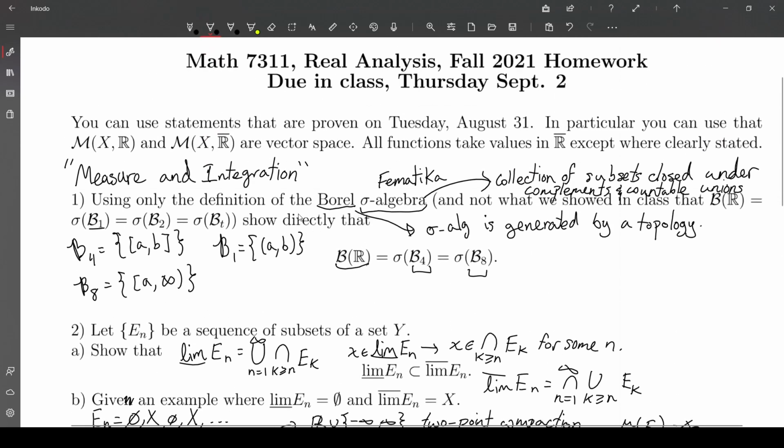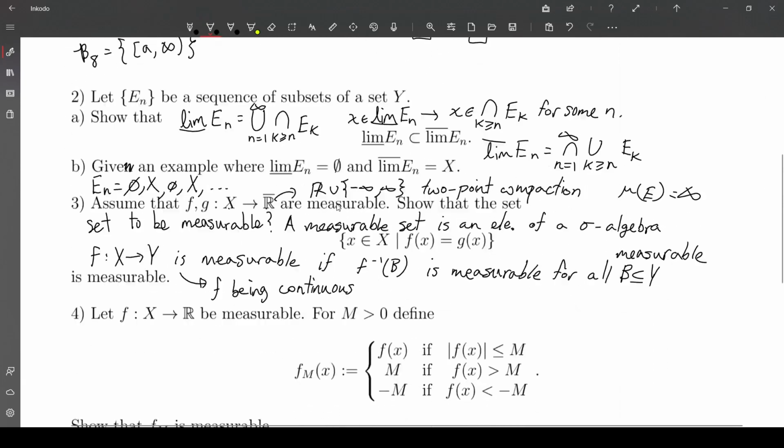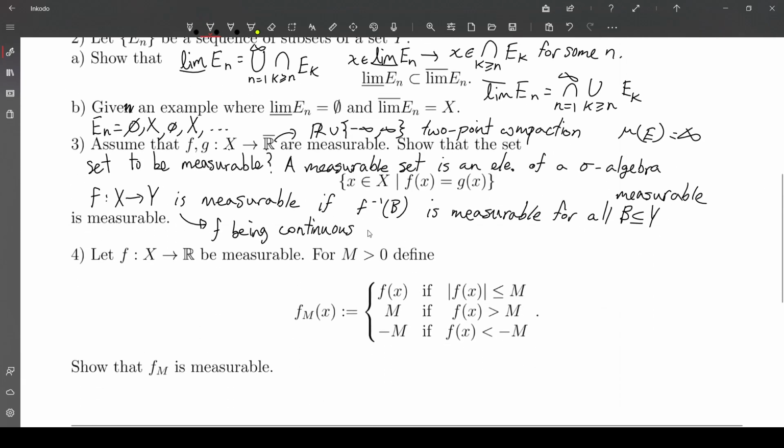Remember that the Borel sigma algebra is generated by a topology. Well, in a Borel sigma algebra, continuous functions are measurable. Okay, so that's the terminology here.